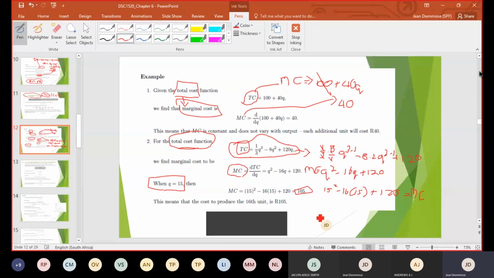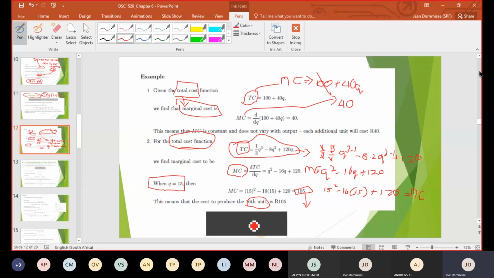So what it means is it will cost me 105 Rand to produce one more unit. So to produce the 16th unit, it will cost me 105 Rand. So that is basically what you're working out.